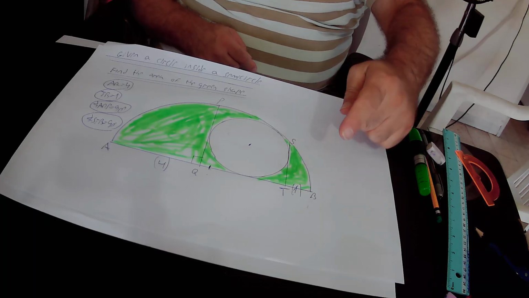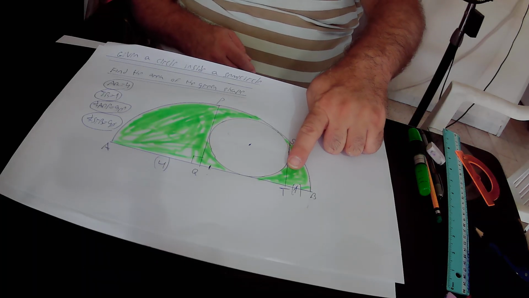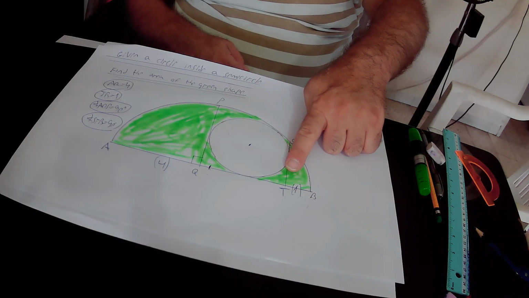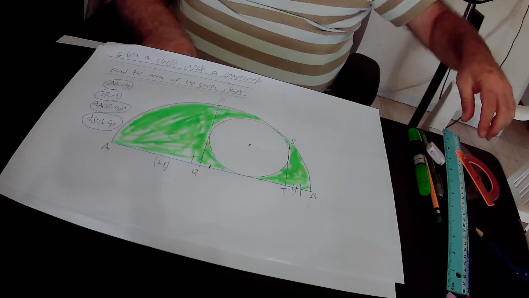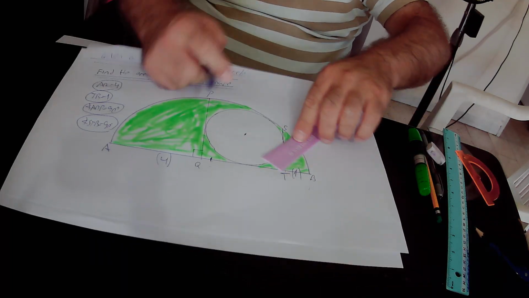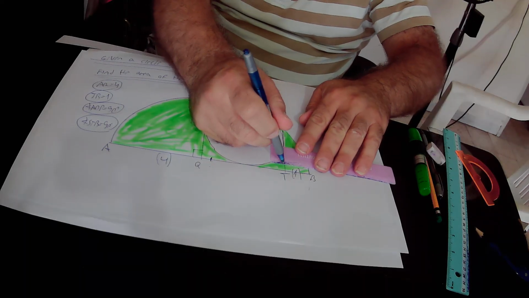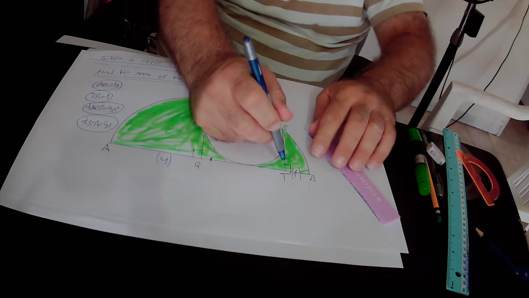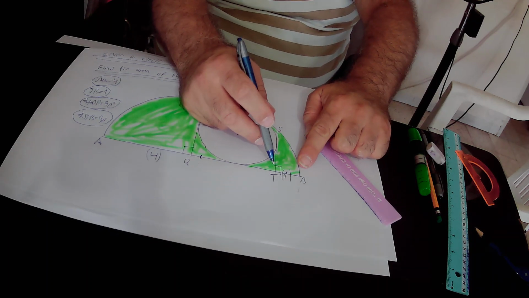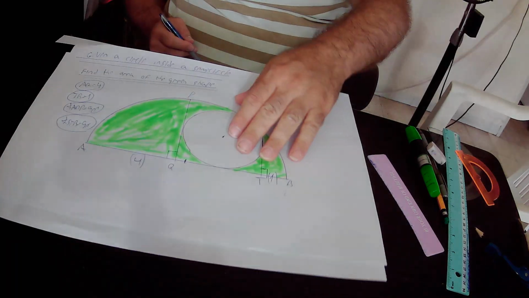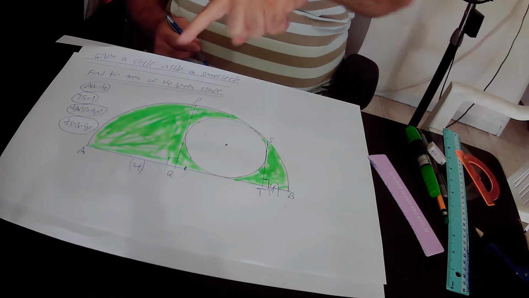This is angle STB that is also a right angle. It is given in the question that the small line segment TB is equal to 1 unit in its length. Again, our task is to find out the area of this green shape.